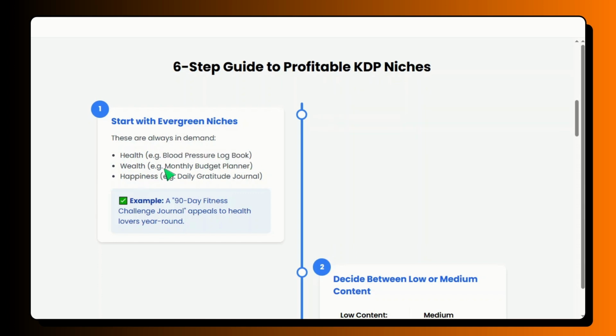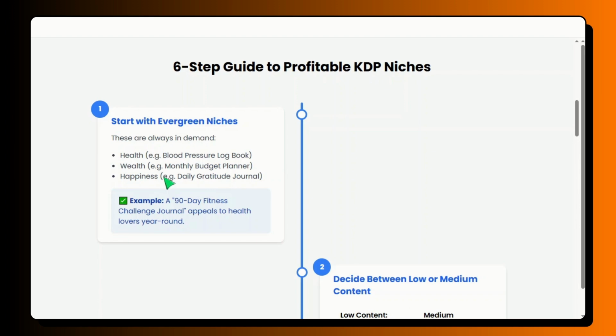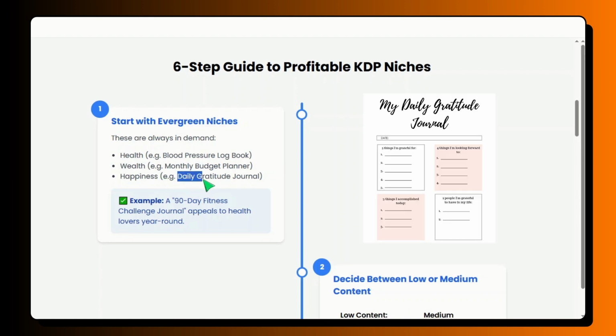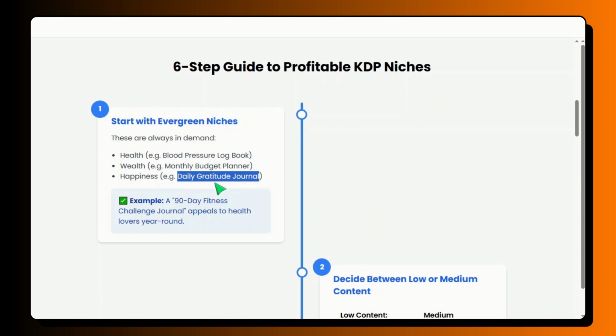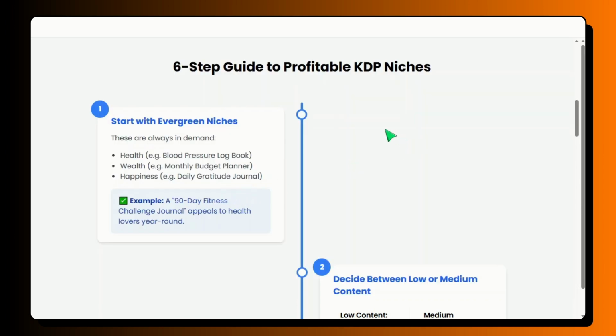In wealth, everyone wants to organize their finances or save money. Think budget planners or bill payment checklists. In happiness, people love books that inspire joy or personal growth, like gratitude journals or travel bucket lists. These niches are profitable because they appeal to universal human needs. For example, a 90-day fitness journal ties into the health niche while a monthly savings tracker fits the wealth niche. Start with one of these to ensure there's always an audience for your book.